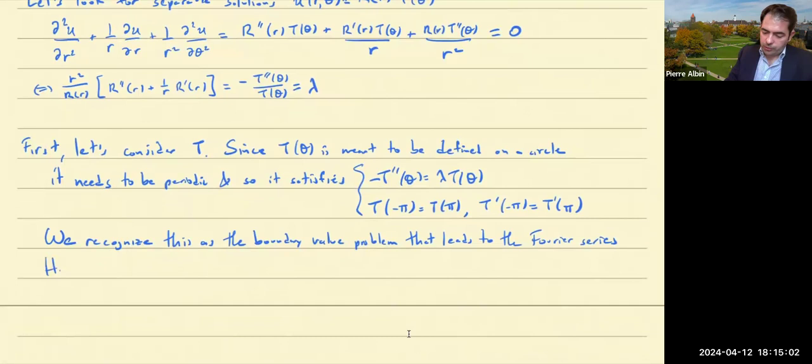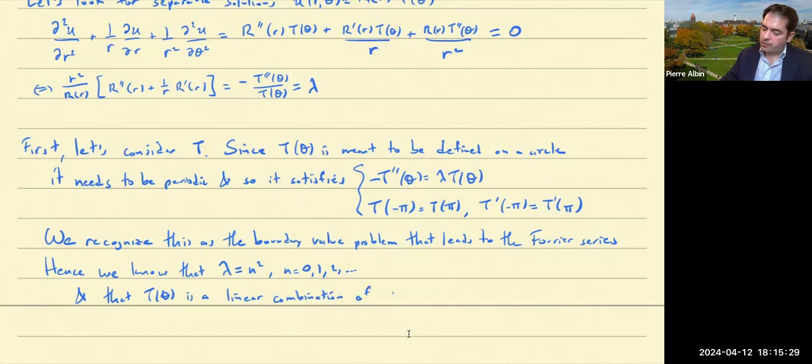Okay, hence we know that lambda is equal to n squared with n equal to 0, 1, 2, and so on. And that T of theta is a linear combination of cosine n theta and sine n theta.